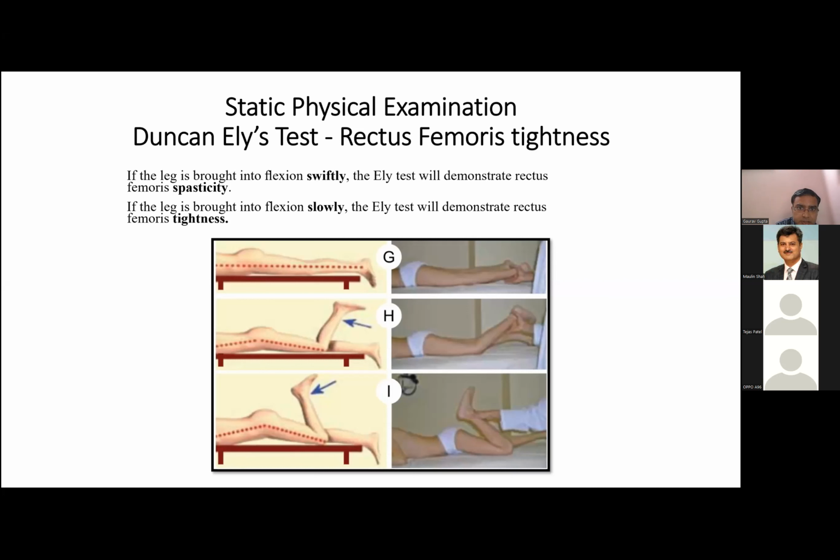And then gradually we bring it into flexion, and that demonstrates the tightness of the rectus femoris. And we can grade it from 0 to 2 depending upon how early the hip flexes. If it flexes in less than half the range, we grade it 2. And if it flexes after half the range of knee flexion, we grade it 1. And if it does not flex, we grade it 0.